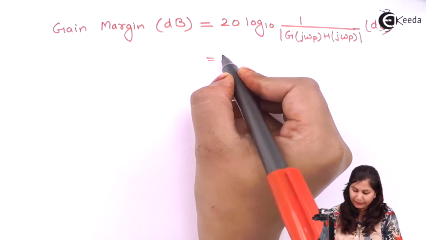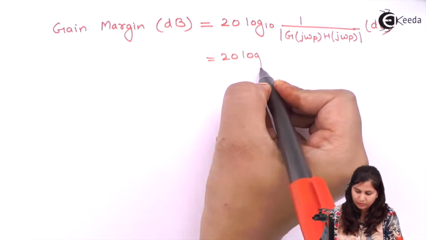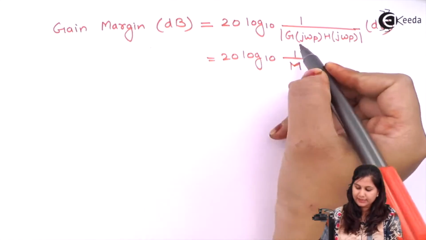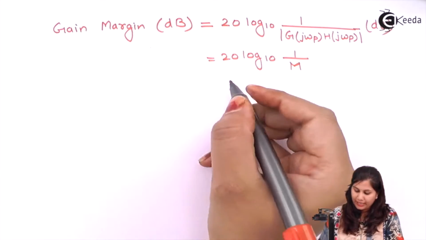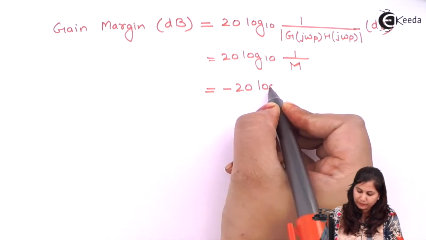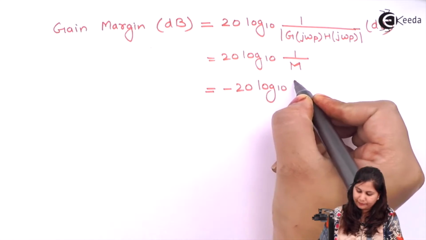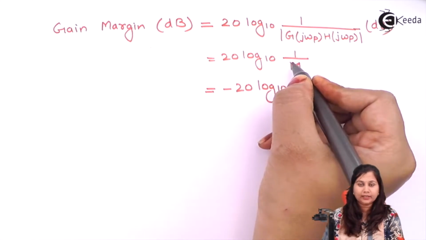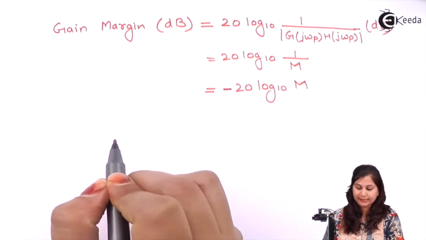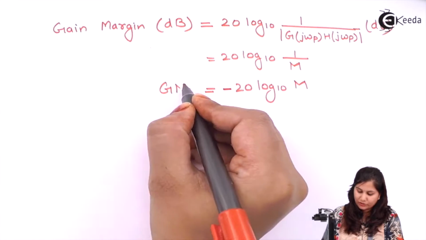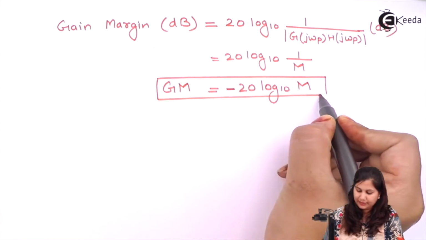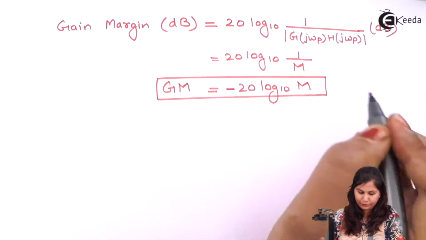It is 20 log 10 of 1 upon M, because M is this magnitude. Another formula will be minus 20 log to the base 10 M. If we take its reciprocal, then we introduce a minus sign. So gain margin, that is GM, equals minus 20 log to the base 10 M, that is the magnitude.